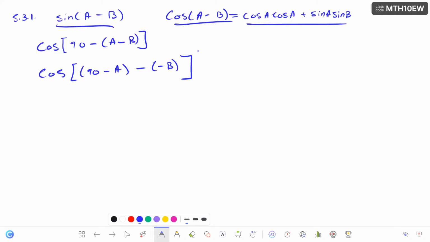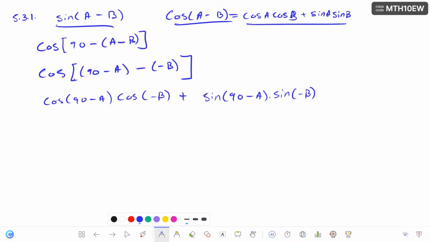So, okay, we know using this one is cos 90 minus A, and then here is B. Then cos, here's negative B. Here, change the sign, so positive. So sine 90 minus A, right? Then times sine negative B. We use this one in order to do this one.